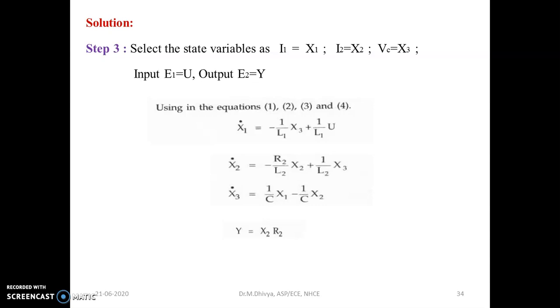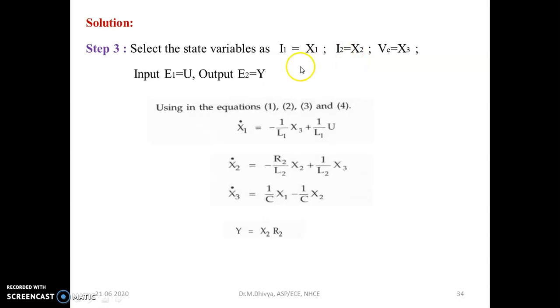So the physical variables current and voltage are chosen as the state variables. The current I1, the current I2 and the voltage across the capacitor are chosen as the state variables. The current I1 is taken as the first state and the current I2 is taken as the second state, and the voltage across the capacitor is taken as state variable 3.